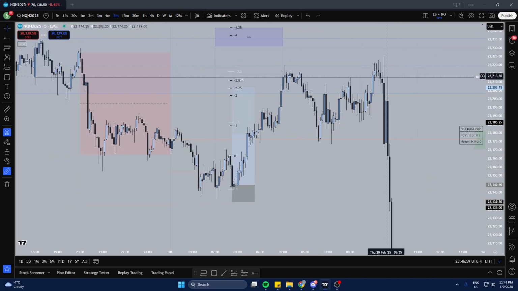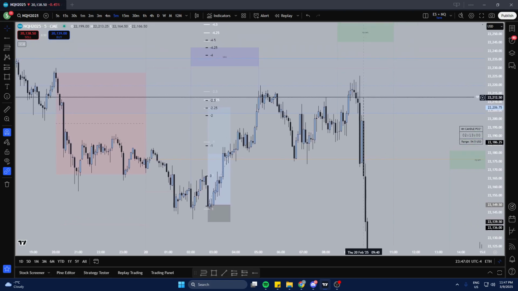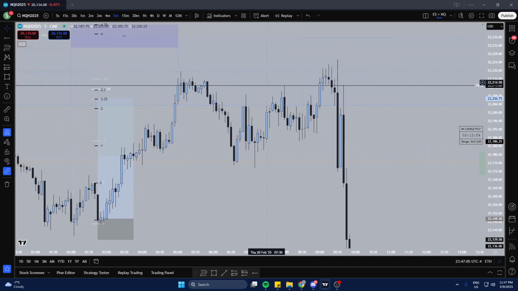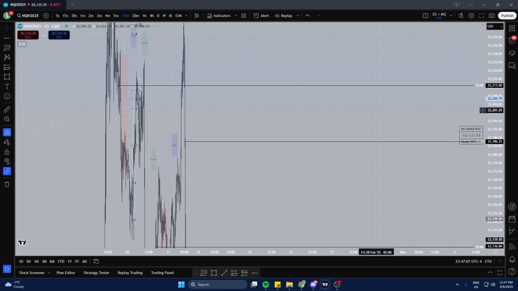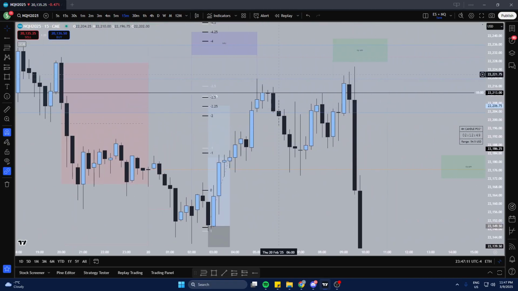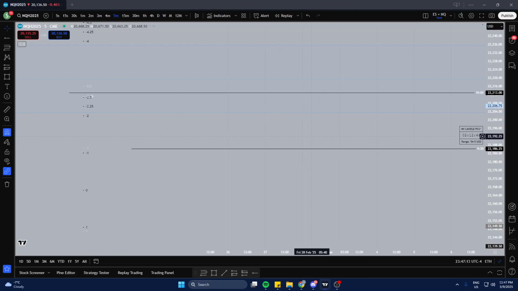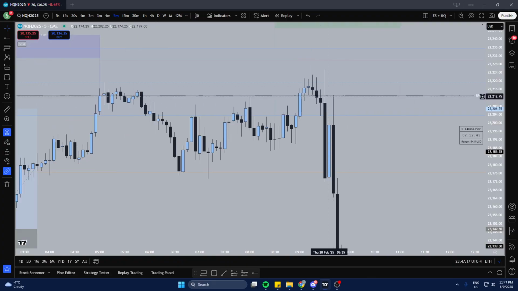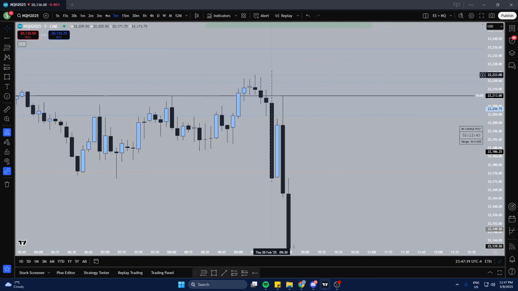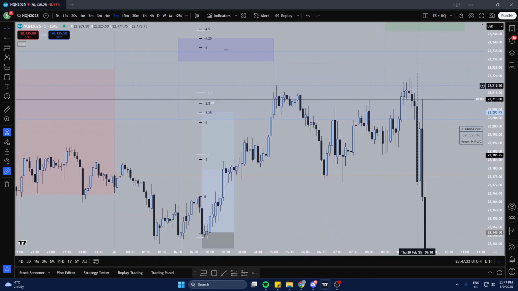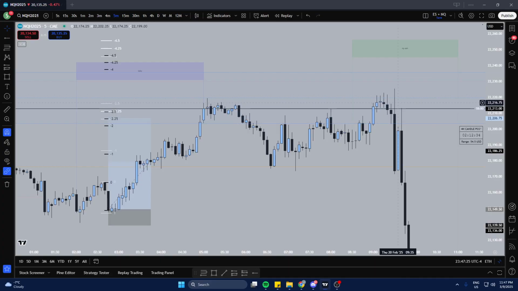Only a very brief... Oh, this is actually perfect. Where was it? I actually saw that right there. So 9:30 opens, and there's only a little sliver of chance to enter short in premium at this point.